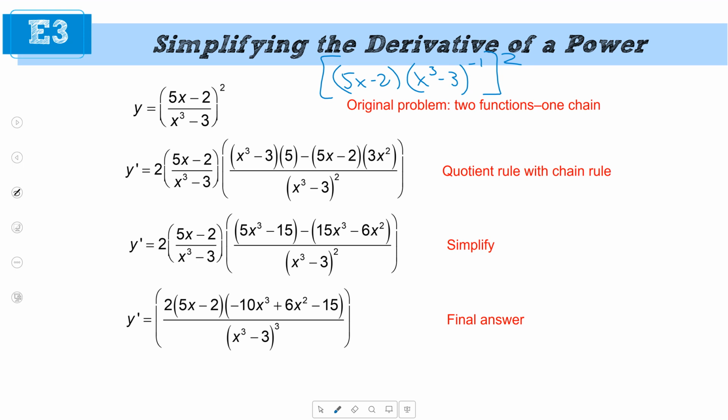I've got a chain rule again with a product rule with another chain rule inside of it. Because when I take the derivative of x cubed minus 3 to the negative power, I'd have to do another chain rule. You probably wouldn't do that, but I want to show you the possibilities and the dark path you could turn down. That would be where you would start crying.